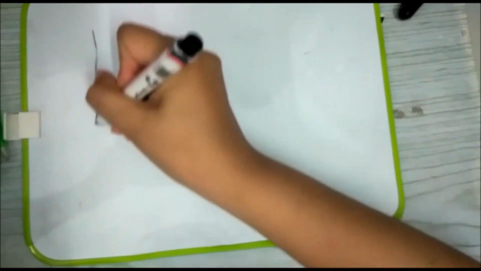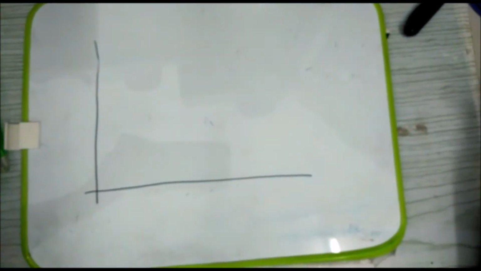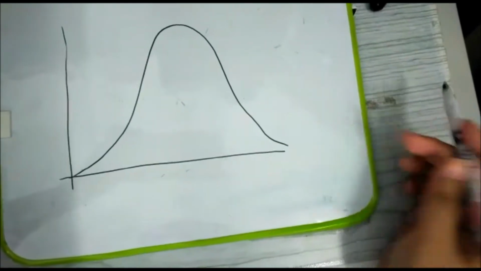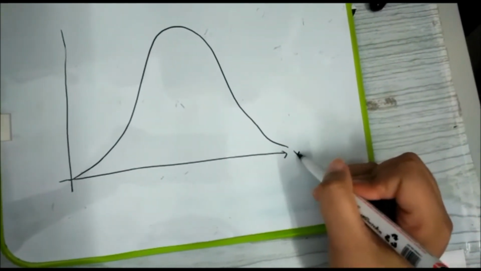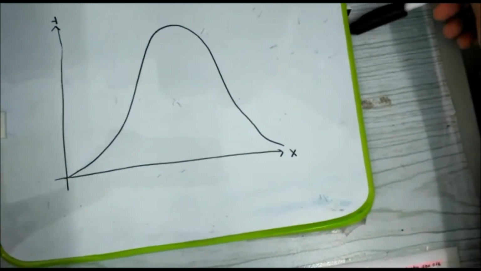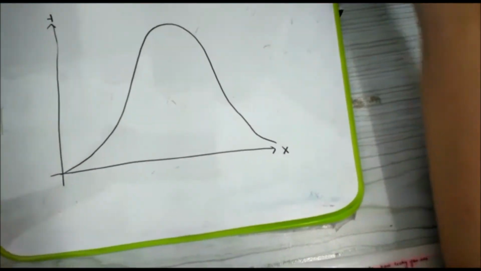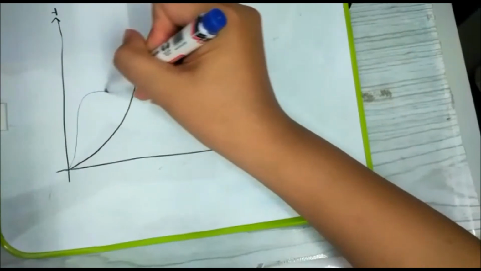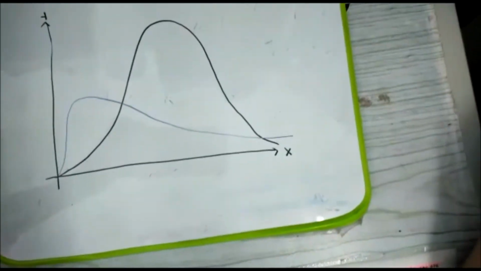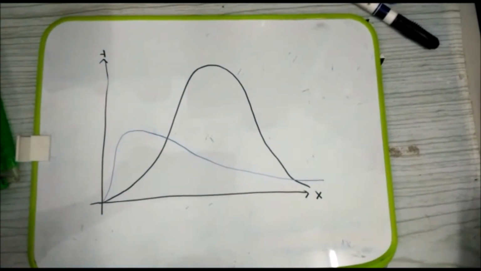We have the y-axis and x-axis, and the normal distribution will look like this, which is a bell shape. Meanwhile, the log-normal distribution will look like this, which is skewed on the right side. This is how to differentiate the distributions.